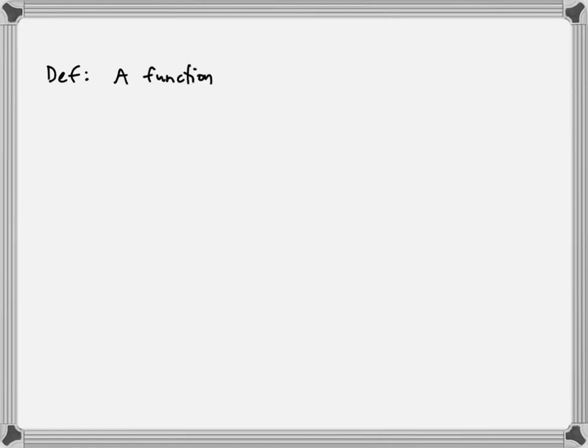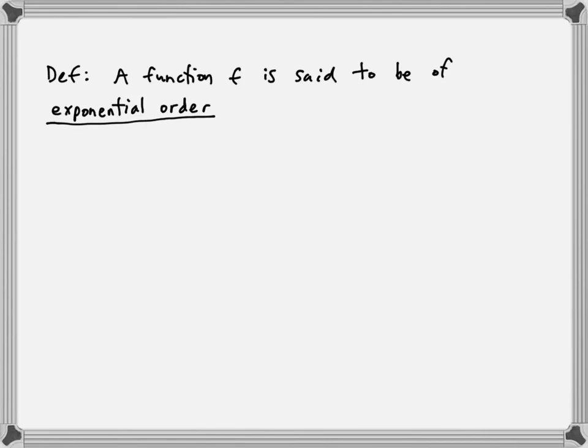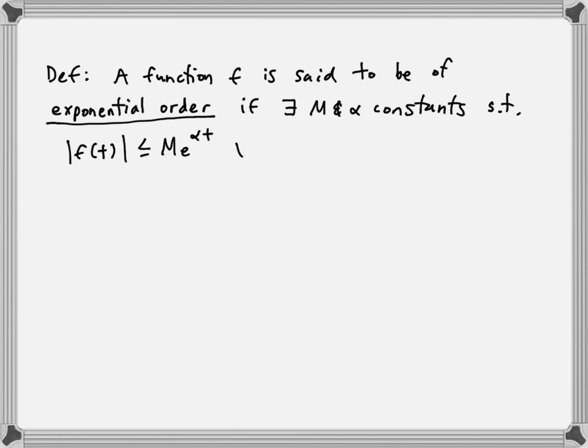A function f is said to be of exponential order if there exist m and alpha constants such that f of t is less than or equal to m e to the alpha t for all t bigger than 0.